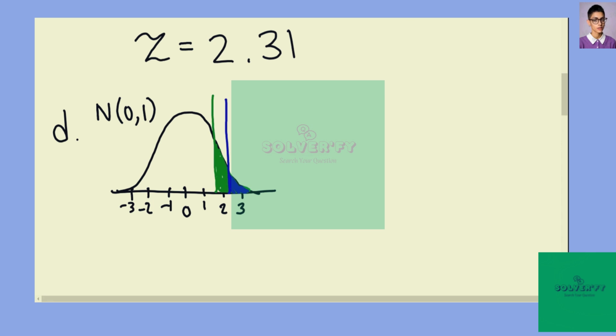Next, we'll find our p-value. So we want the probability that z is greater than or equal to 2.31.